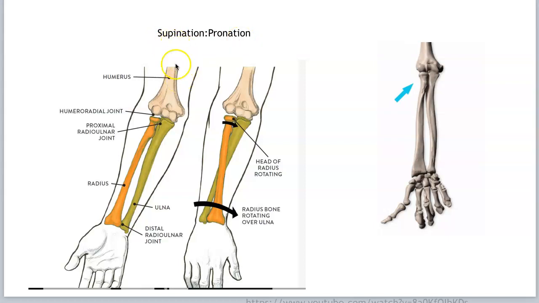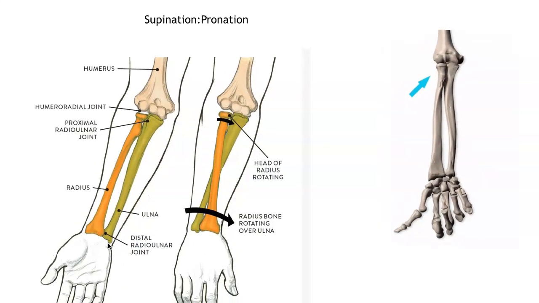If you put out your right arm right in front of you, bend your elbow, i.e. flex your elbow, you know that your radius is the lateral bone, right? And the ulna is your medial bone.